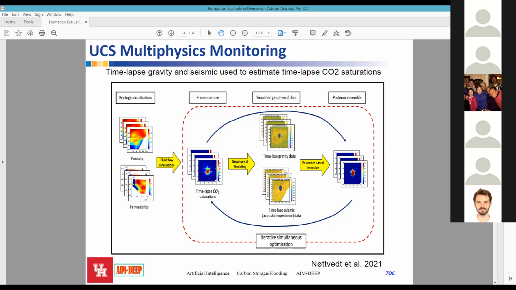And using these saturations and porosity, they can start doing the forward modeling for gravity data as well as for the seismic data. So they model the acoustic impedance data and also they model the gravity data in the top part. And then using the inversion scheme, they obtain the saturation.